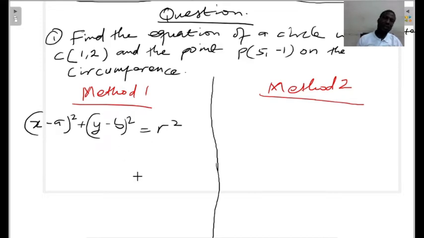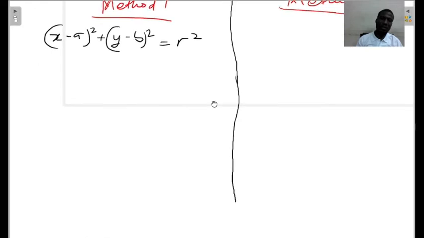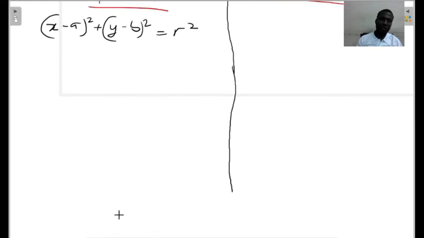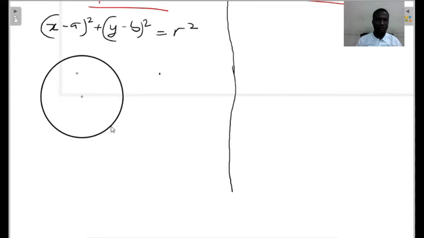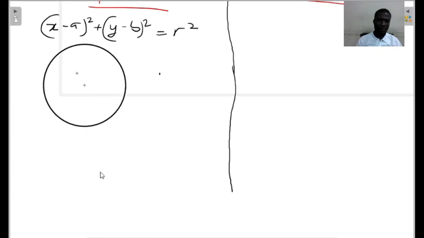With this, I just want to sketch the diagram quickly to show you something. So let me make my circle a bit nicer by using the protractor. This to be our circle, and just drag it a little away from the equation.